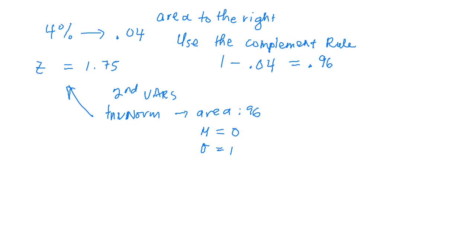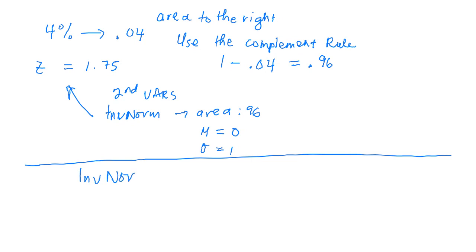Now to find the raw score, or the amount more than the mean, this is what we're looking for. Use the inverse norm and put the area, 0.96, and then the mean given, which is 78 in the problem, and the standard deviation is 18.